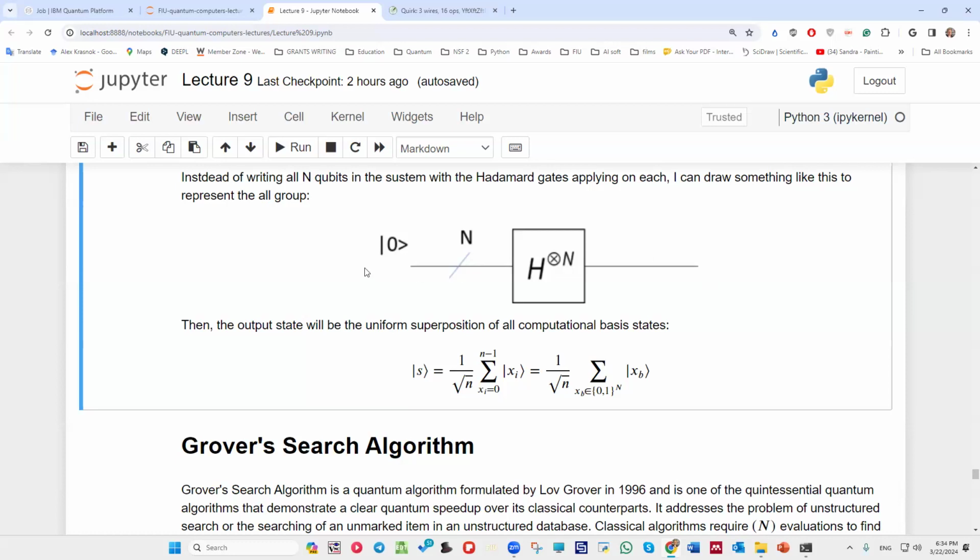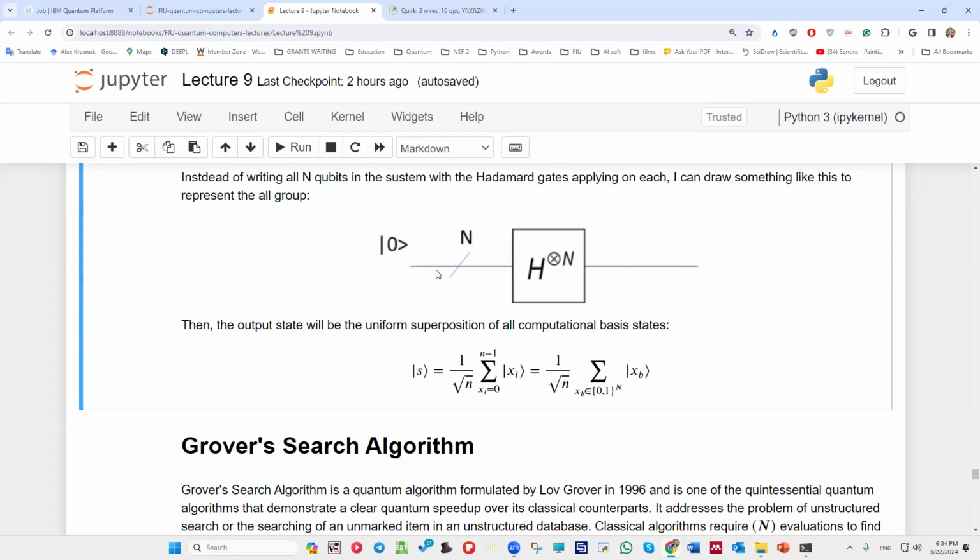This one line here means not only one qubit, but if you see this inclined line with the index n, it means that this is a group of n qubits. Likewise, instead of writing all these Hadamard gates, you can just write H to the power of tensor product n. It means just the creation of the first layer of Hadamard gates for the superposition.